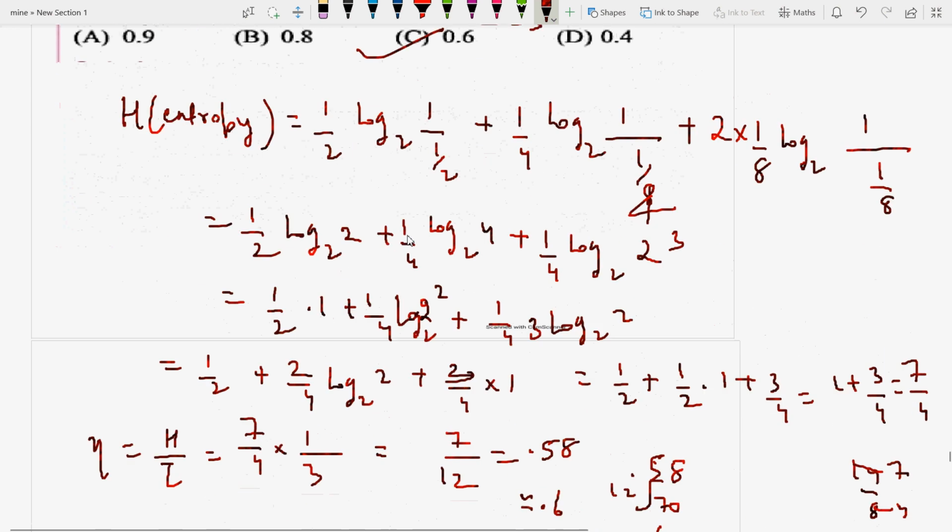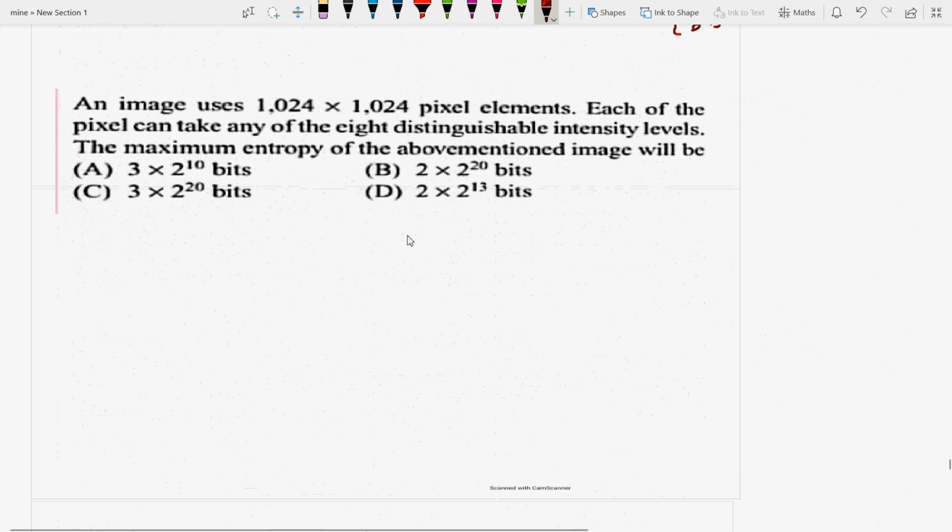Okay, next question is: an image uses 1024 into 1024 pixel elements. Each pixel can take any of 8 distinguishable intensity levels.